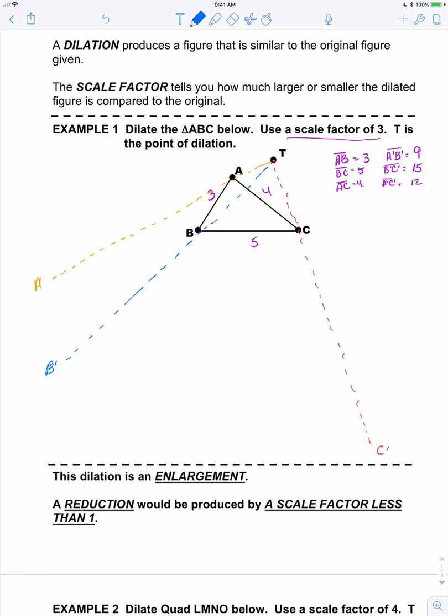Hopefully somewhere around here we are going to draw a new figure. That should be our new A prime C prime line. Then B to C was 5, so it needs to be 15 now.